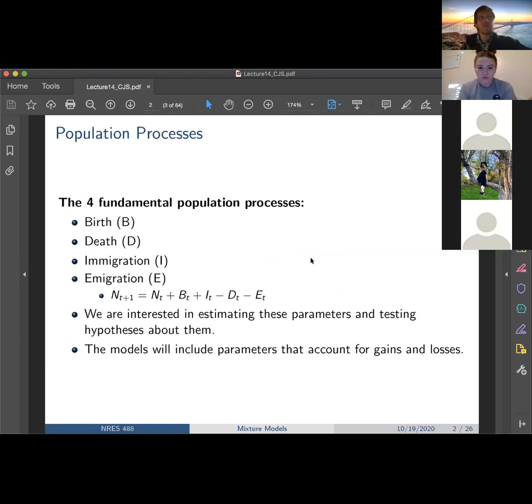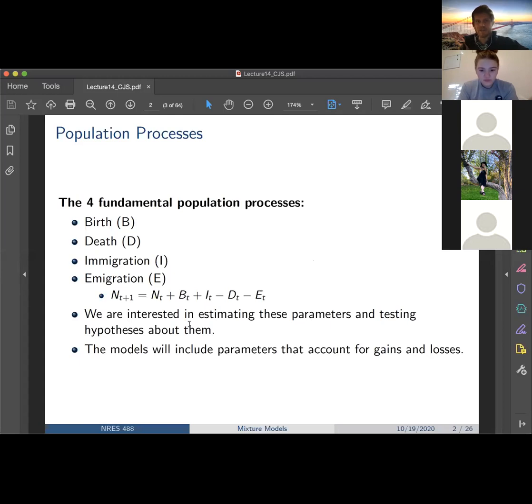For example, we could observe that a population was changing using closed population capture recapture models if we conducted that survey, say, each summer, and did multiple samples within a summer to get those estimates of detection and abundance. We could determine that the population was changing, if it was going up or down. But now we're interested in more specific details about the population.